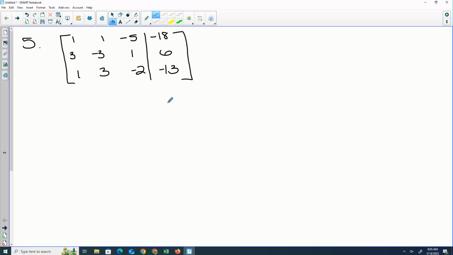Okay, so that very first corner has to be a 1, and we have it. So then we get all other column 1 values to 0. So that's where we need to start here. I need to get both of those to be a 0.